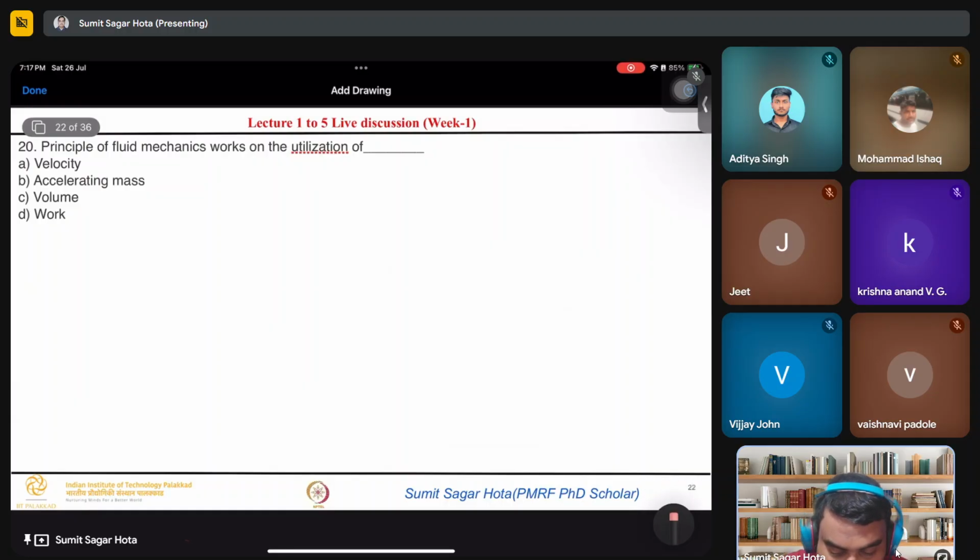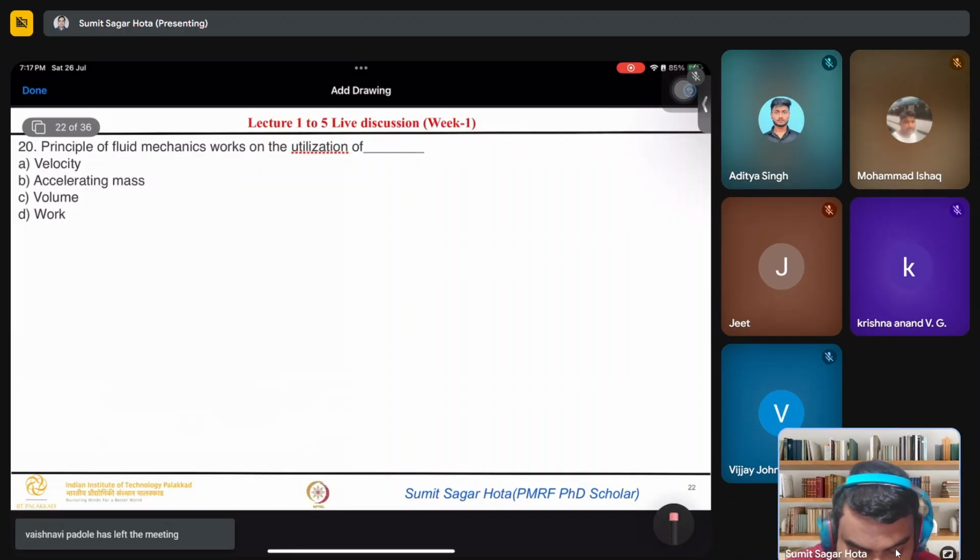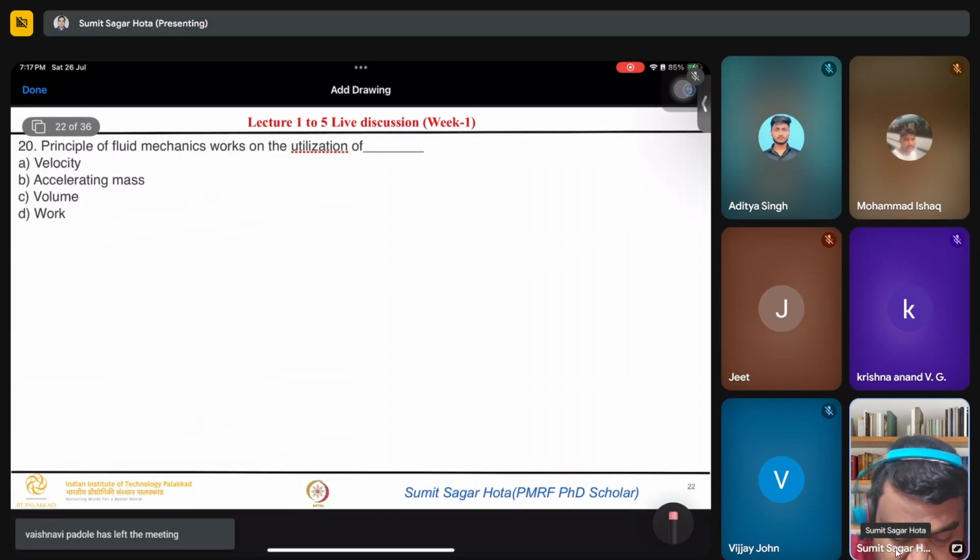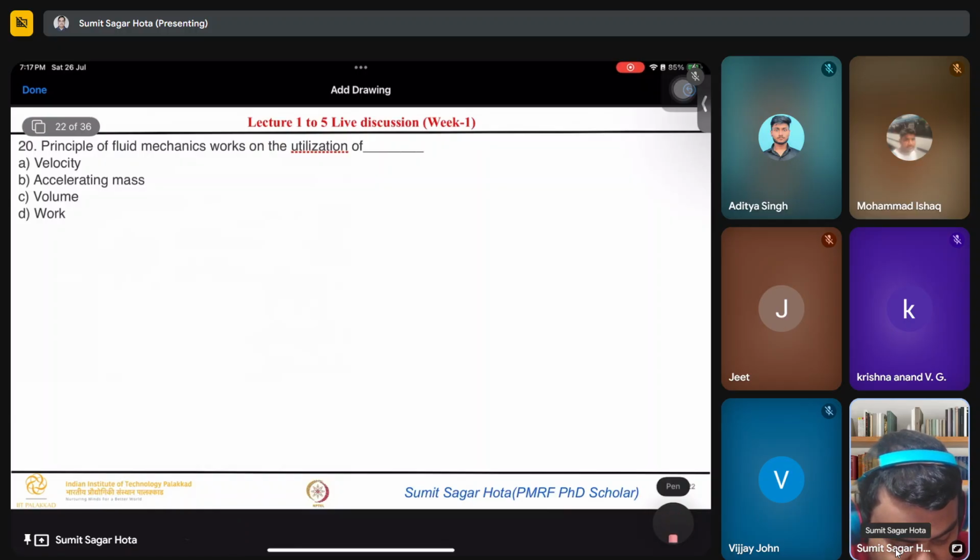So the next one, the principle of fluid mechanics works on the utilization of dash. Why are you doing all this? Because it's not about any kind of velocity, it's not about any kind of accelerating mass. Fluid mechanics does not account for all these things. Volume and work are a kind of confusion.